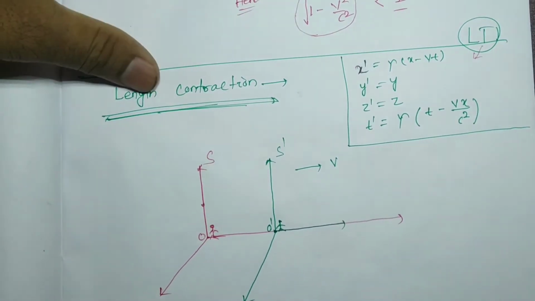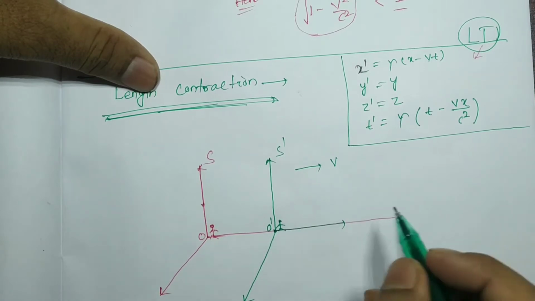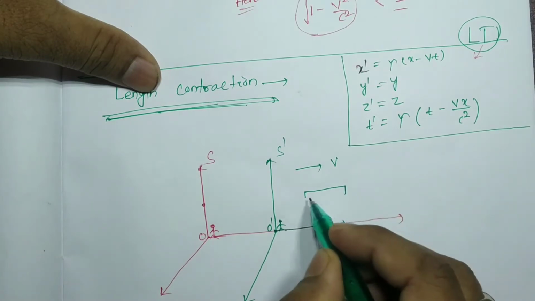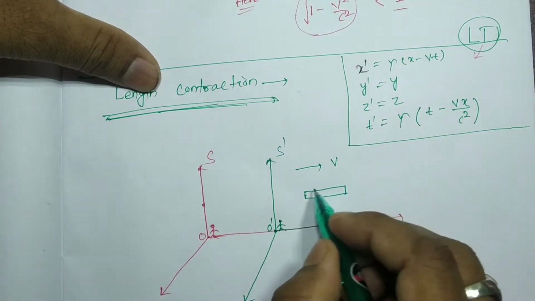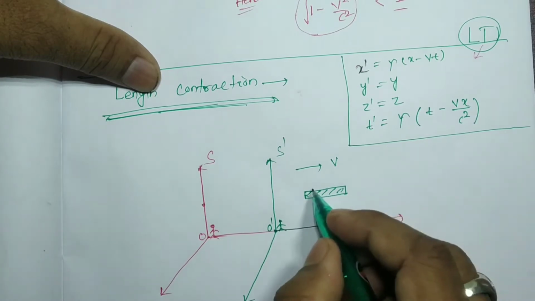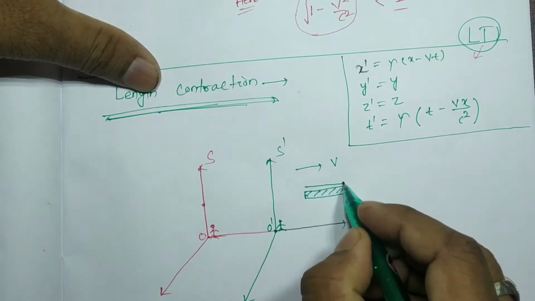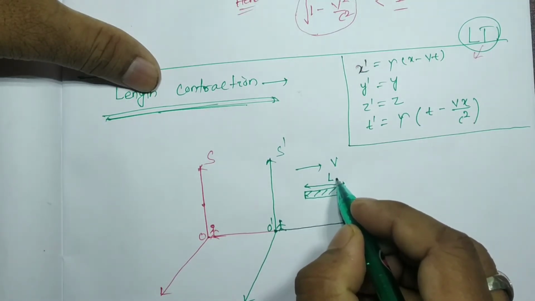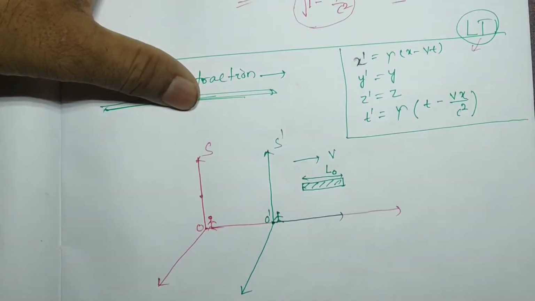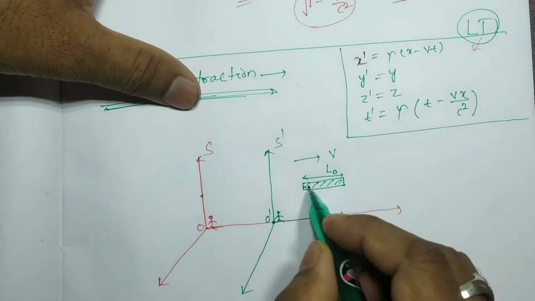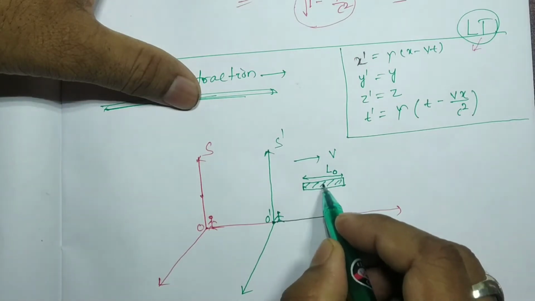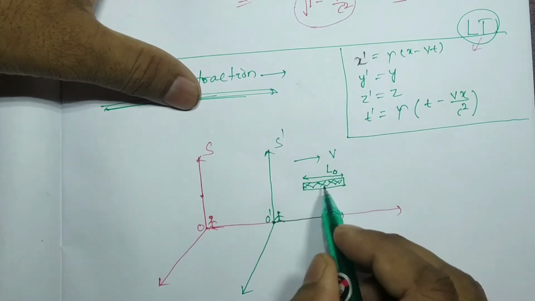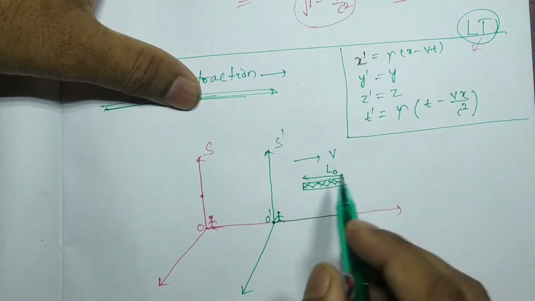Suppose a rod is stationary in the s dash frame, having the length l. Suppose this is a rod and it is stationary, having the length l or l0, because this rod is at rest in the s dash frame.